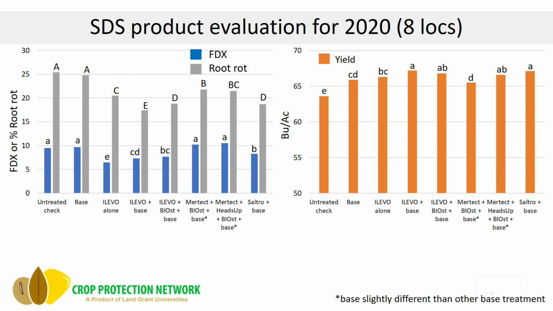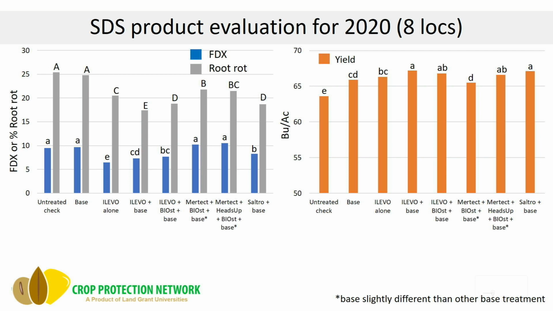If you look at root rot, all of the products reduced root rot compared to the base. But the ones that had Elevo and Saltro reduced it just a little bit more. And if you look at the yield responses, again, probably more evidence of the importance of root rot and how that plays a role. All of the products did a good job of protecting some yield.